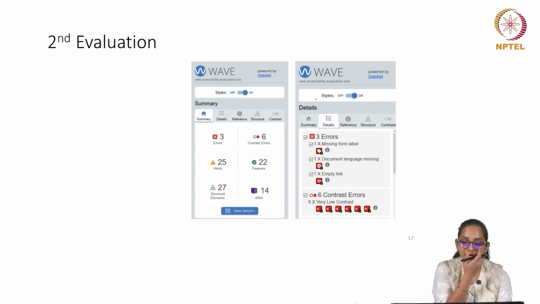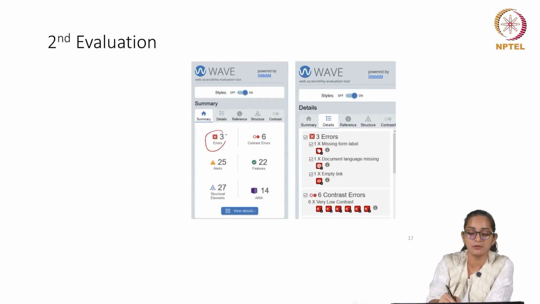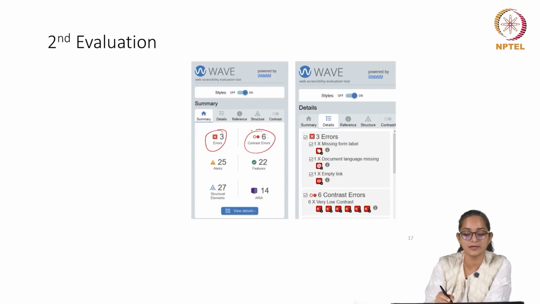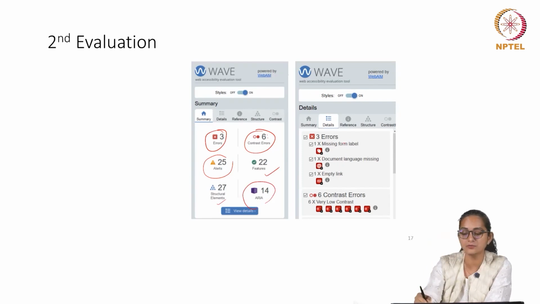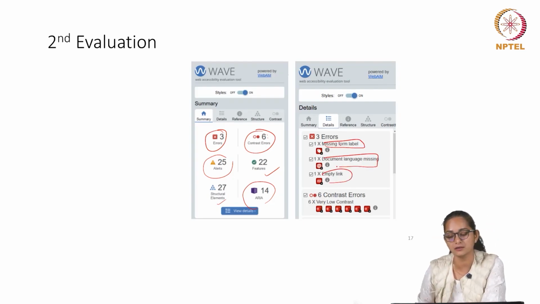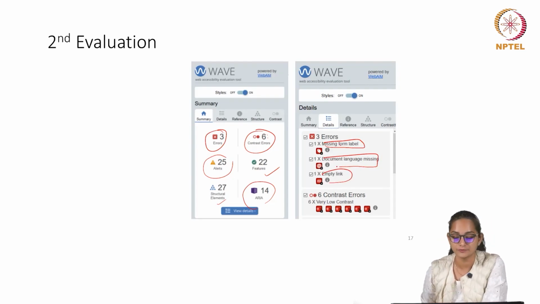The moment you add the link to the interface, it gives you how many errors, how many contrast errors, how many alerts, how many features are compliant, how many ARIA issues, how many structural elements, right? And it gives you links to things like missing form table, document language is missing, there's an empty link. So it gives you all of these details about that page.